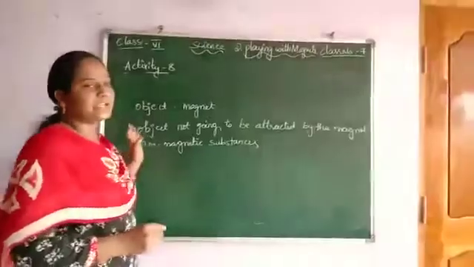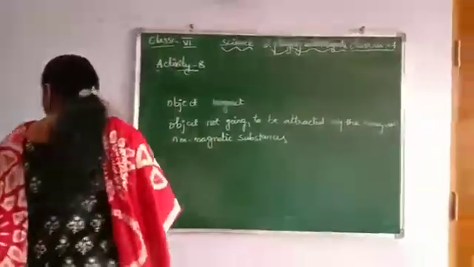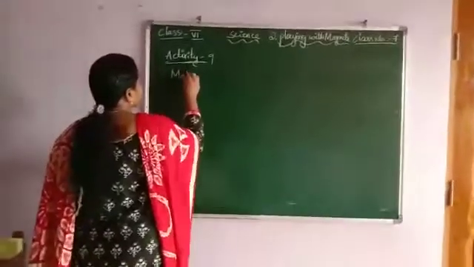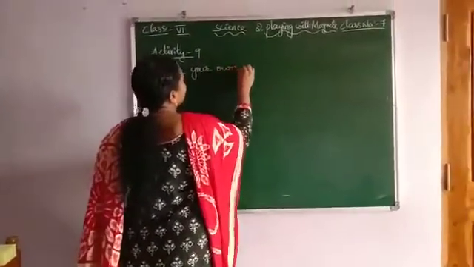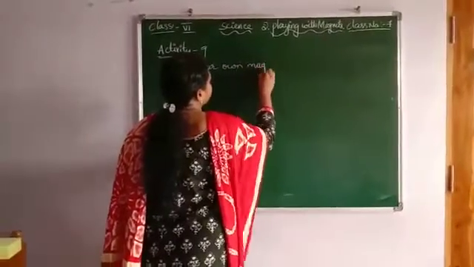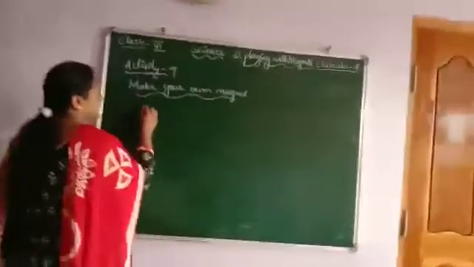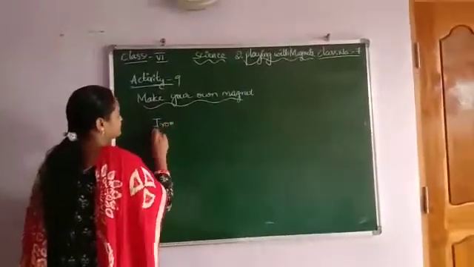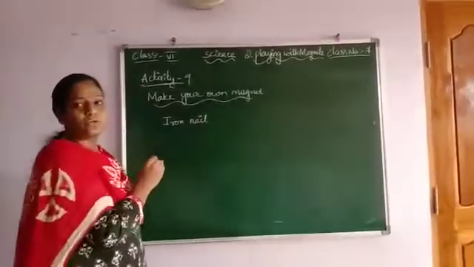Next, in activity 9, you have to make your own magnet. In this, take an iron nail and keep it on a table.